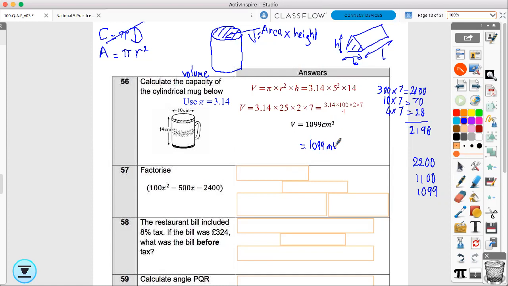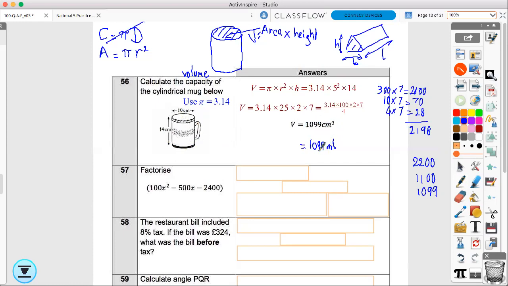Okay. So that's quite a big mug, because this capacity here is about 1.1 liters. But you can think about 10 centimeters, quite wide, right, for a mug. And with 10 centimeters by 14 centimeters, you can fit 1 liter inside it. So have a good feeling of whatever answer you give.